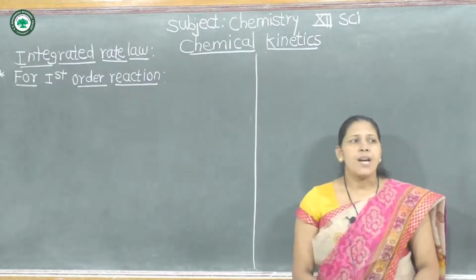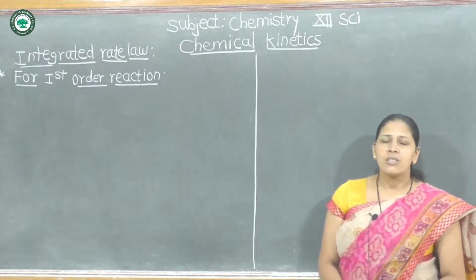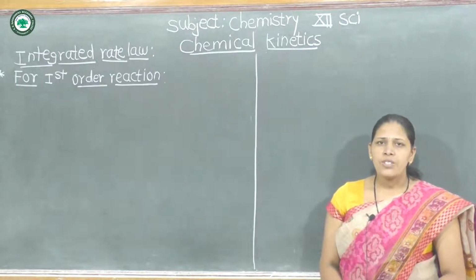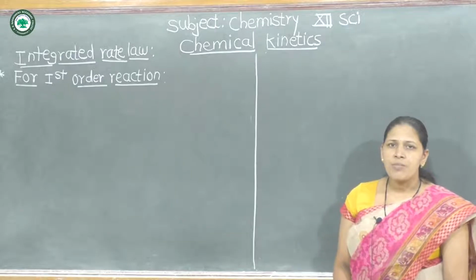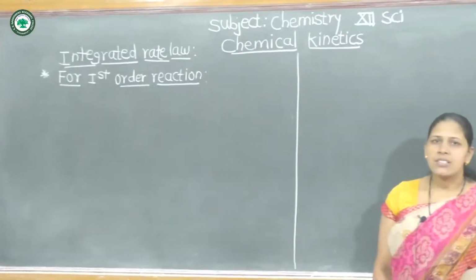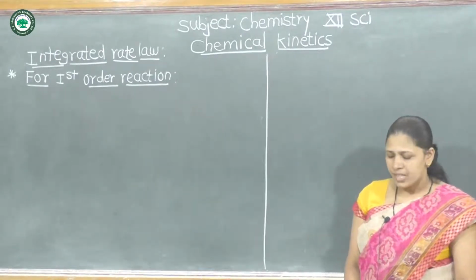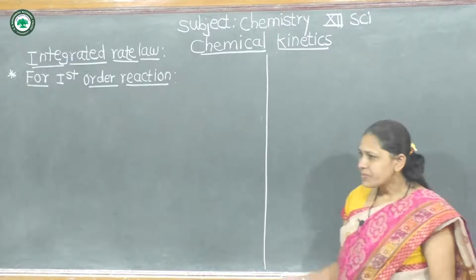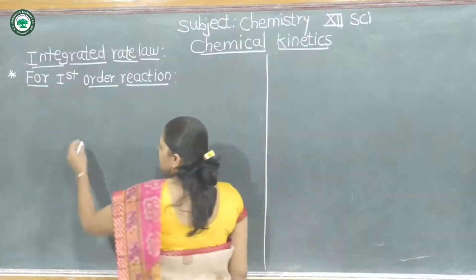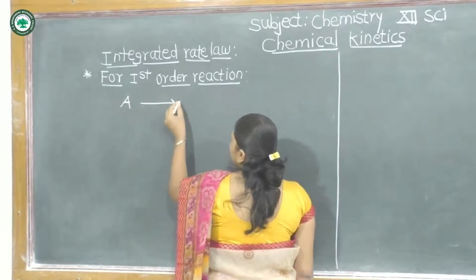First of all, what is meant by first order reaction? A reaction whose rate depends on concentration of reactant raised to power 1 is called a first order reaction. Consider a first order reaction: A gives product.